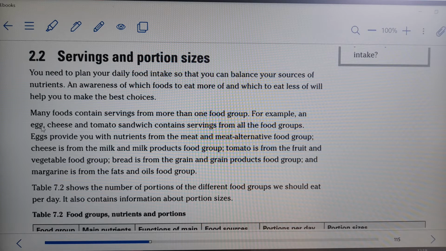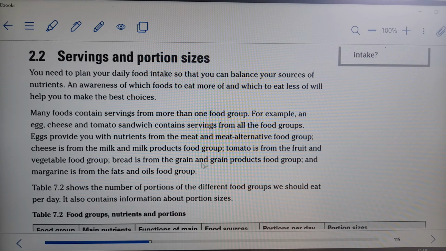For example, an egg, cheese, and tomato sandwich contains servings from all the food groups. Eggs provide you with nutrients from the meat and meat alternative food group. Cheese is from the milk and milk products food group, and tomato is from the fruit and vegetable food group.